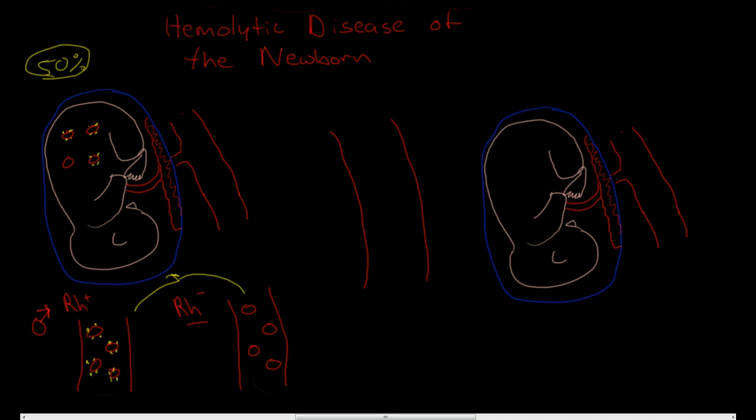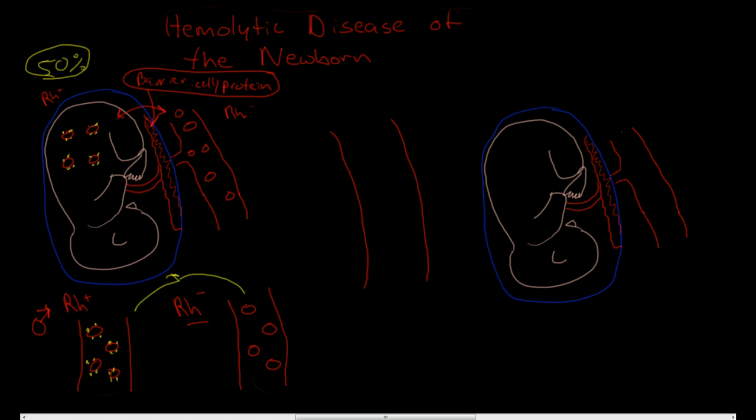So during pregnancy, this mother's blood and the baby's blood don't mix, because there is a placenta that provides a barrier to cells and proteins. Similar to the blood-brain barrier, there's the blood-placenta barrier, and this prevents mixing of the baby's Rh positive blood and the mother's Rh negative blood. So for this baby and this mother, there's no problem at this time.